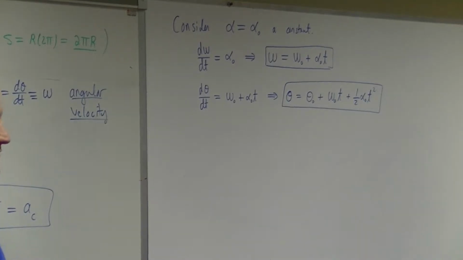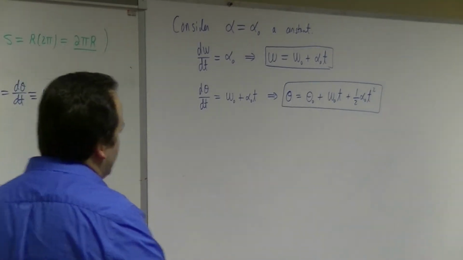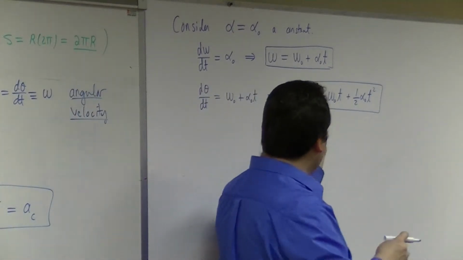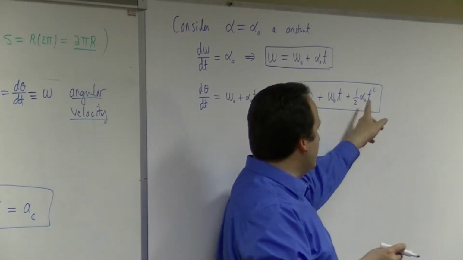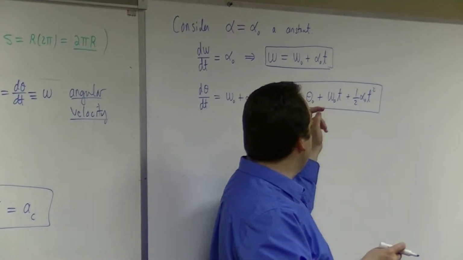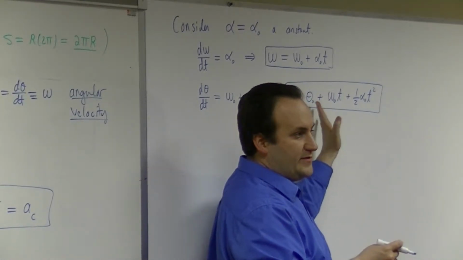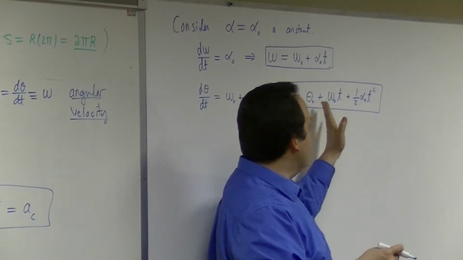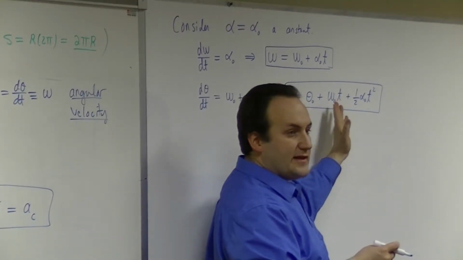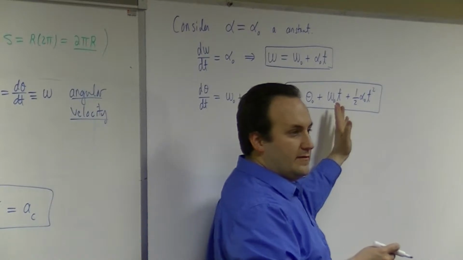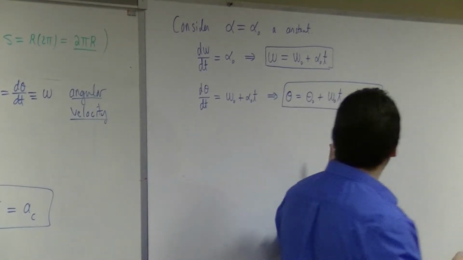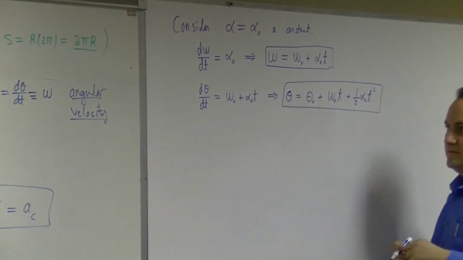I'm happy to teach you calculus 1 if you have questions about it, but I'm not going to try to do it here. If you put in time 0, that term drops, and you're just left with theta equals theta naught. So theta naught is the angle at time 0, and omega naught is the angular velocity at time 0. You're like, didn't we do this before? Yeah, we kind of did.